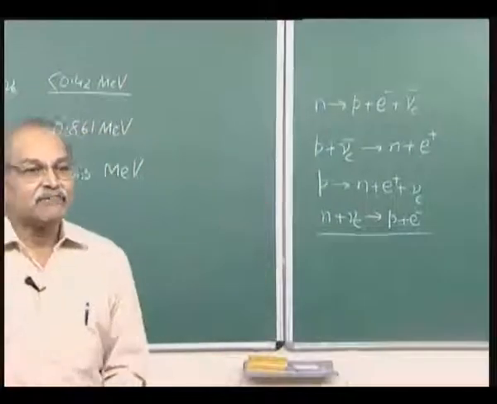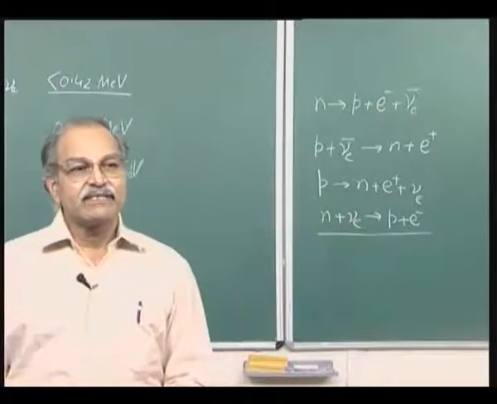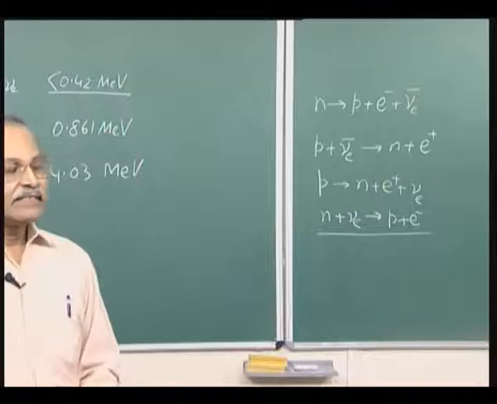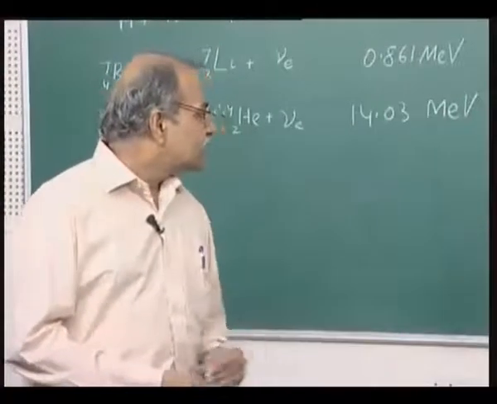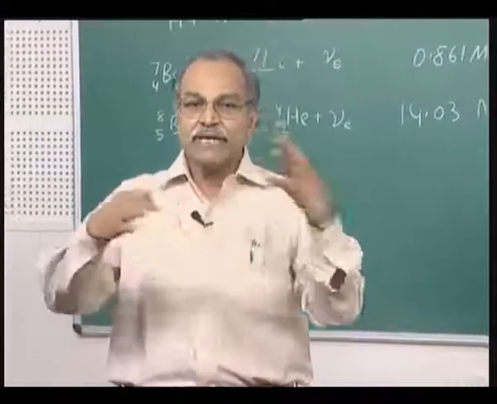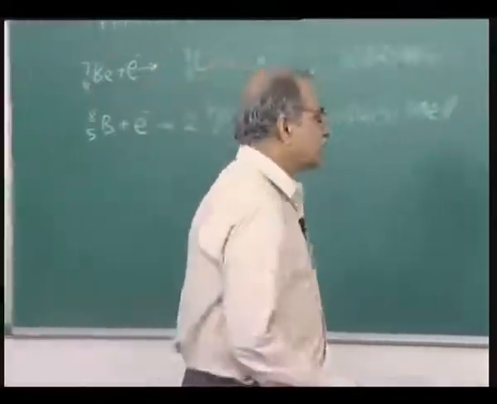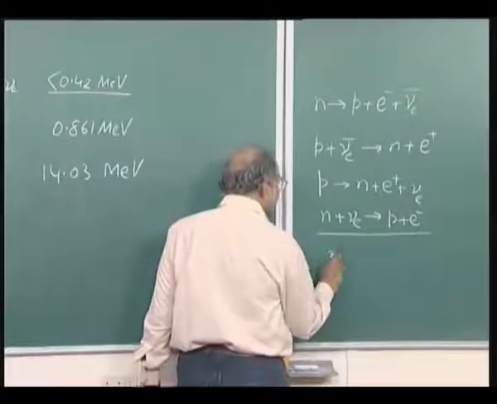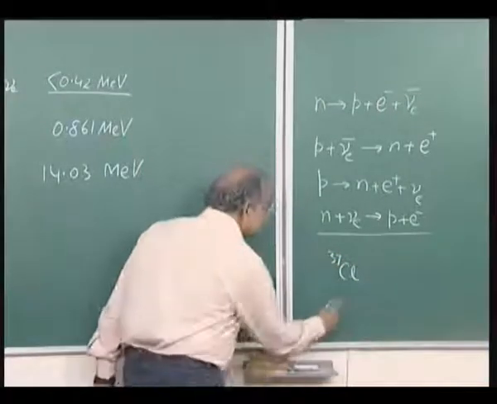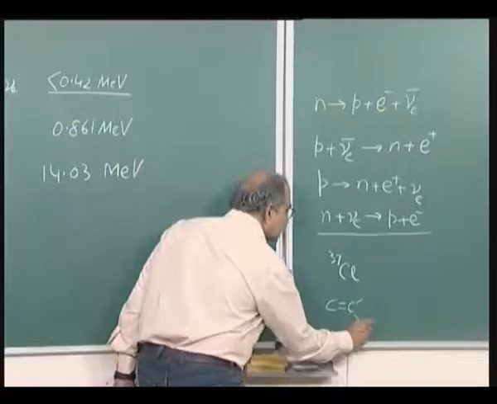The famous Davis experiment started in 1964 and first results came in 1968. They used this kind of reaction: chlorine-37 in the cleaning fluid, C2Cl4.